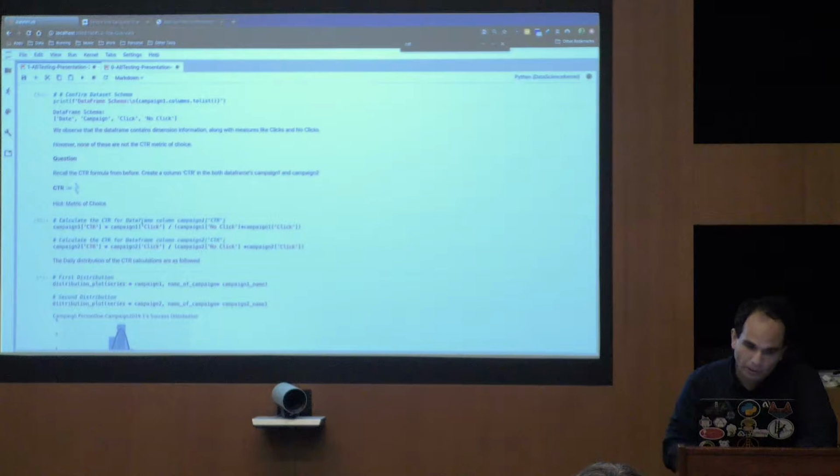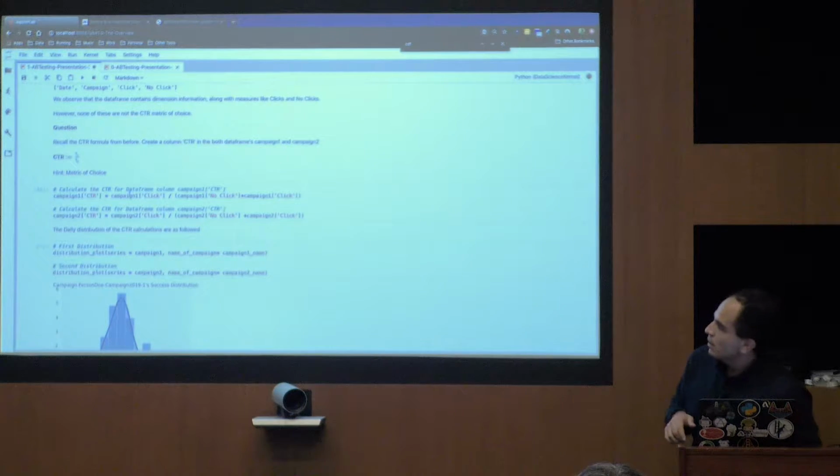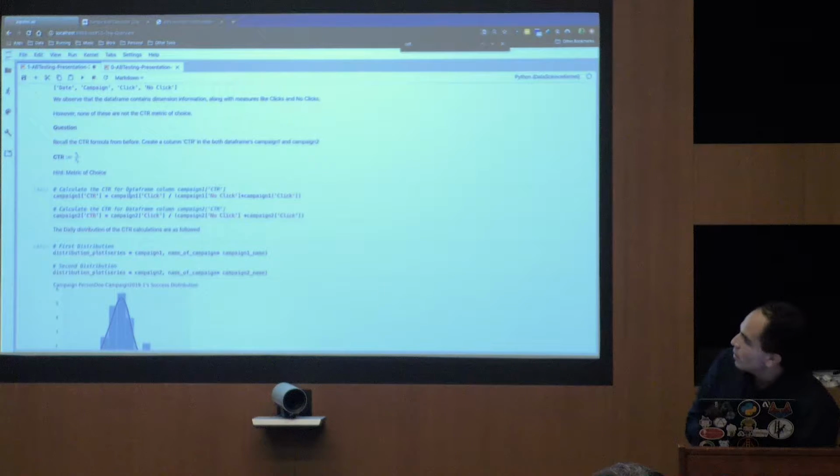Within our click-through rate calculations, we have the total number of successes, which is the click column, divided by the combination of no clicks and clicks, which is our total number of impressions. So the successes divided by the number of observations provides our click-through rates for both respective campaign data frames.